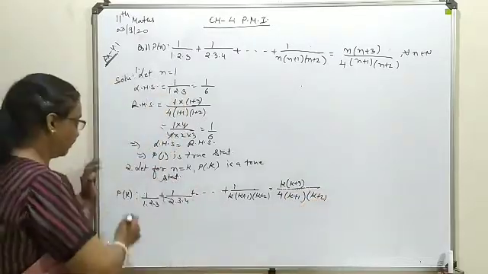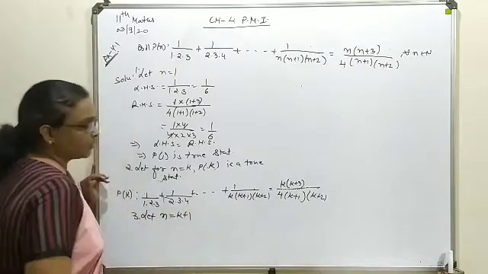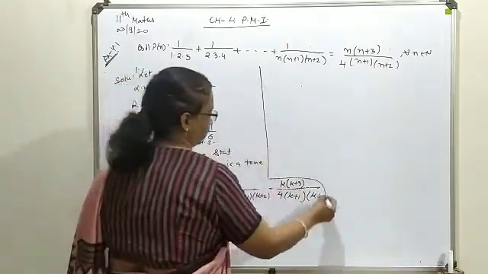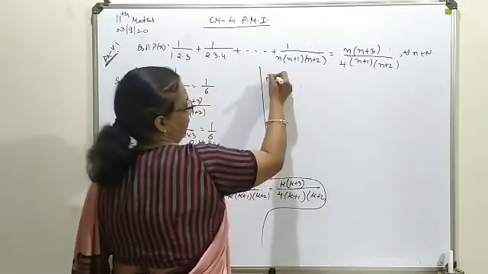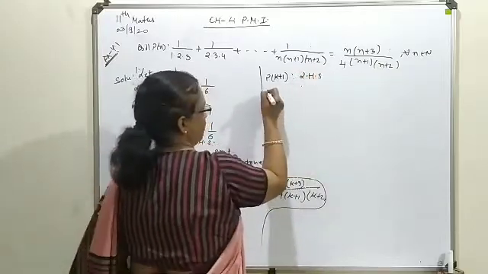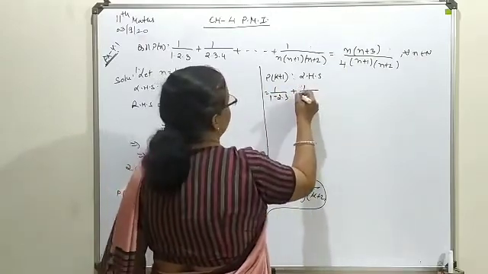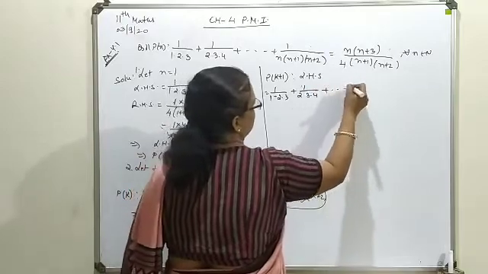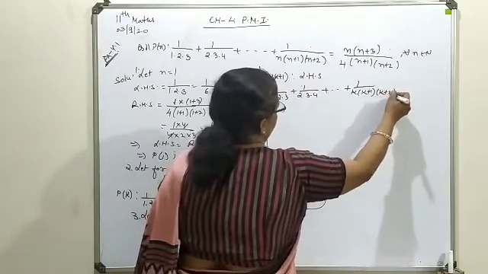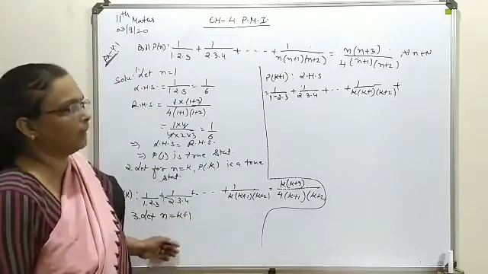Now the main step, let n is equal to k plus 1. So here P(k+1) for the left hand side we will write as 1 into 2 into 3, 2 into 3 into 4, up to k plus 1, k plus 2, and the last step means the (k+1)th term, in place of n we will write k plus 1.